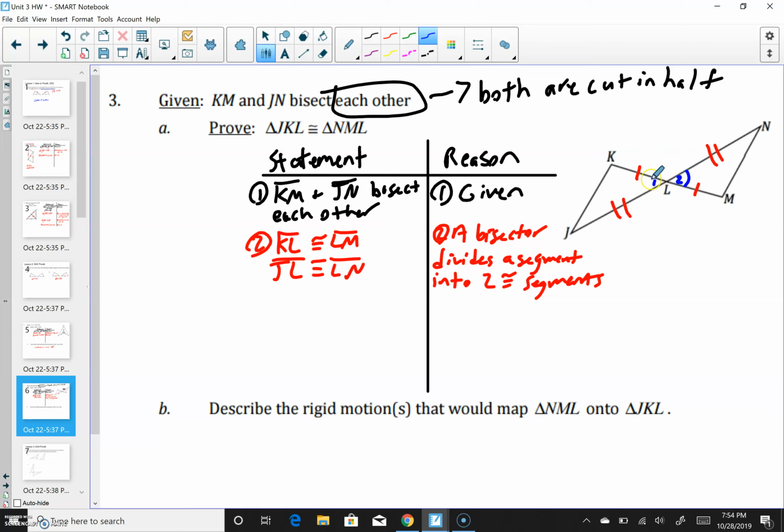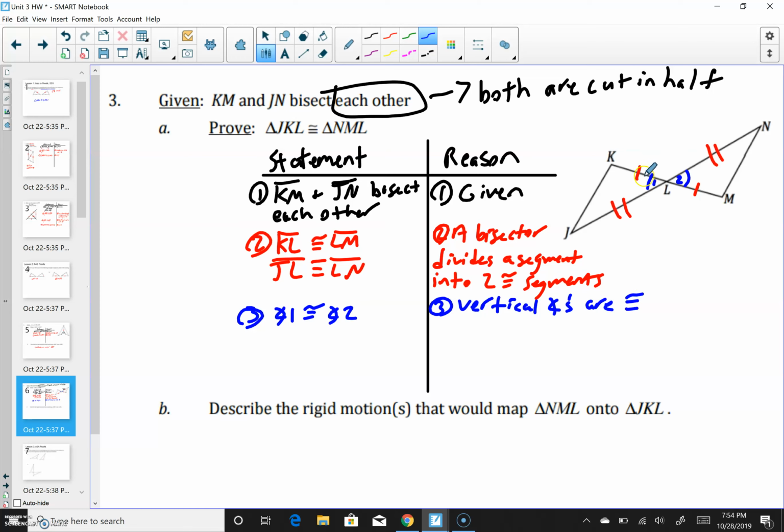To make my life easier, I'm going to call them angles 1 and 2, so that I don't have to worry about screwing up the order of the letters as I write them out. So step 3, angle 1 is congruent to angle 2. Our reason for that is that vertical angles are congruent. We want to write more than just vertical angles there. We want to make sure that we write that they are congruent so that we know we're establishing something to be true.